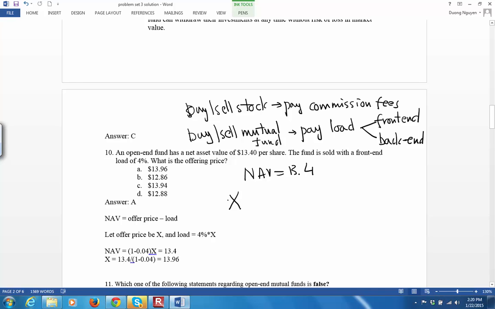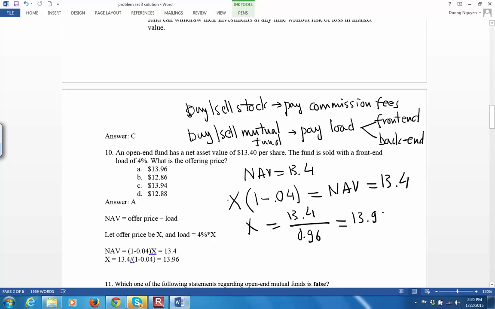So let the offering price be X, and you pay 4%, so the net investment after you pay the front end load fee is X times 0.96, and this equals net assets value, 13.4. So X equals 13.4 divided by 0.96, which is $13.96. This is the original price. You have to pay 13.96. Out of 13.96, 4% will go to the load, and your net investment in the fund is 13.4.